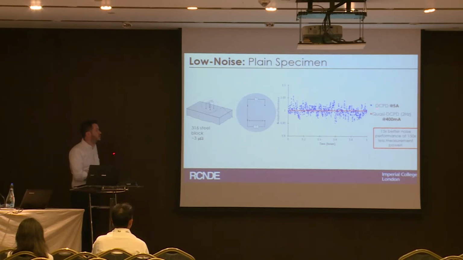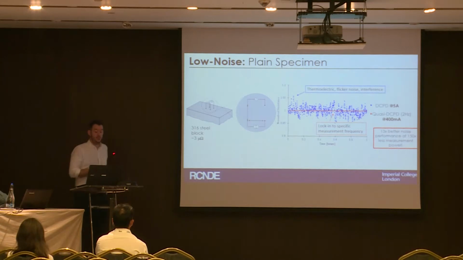In the DC technique, we're using 5 amps, whereas in our Quasi DC technique, we're using only 400 milliamps. So this is by no means a fair comparison, but you'll see we get 13 times better noise performance despite using 150 times less measurement power. Remember, measurement power is current squared, so that's why we get the 150 from that.